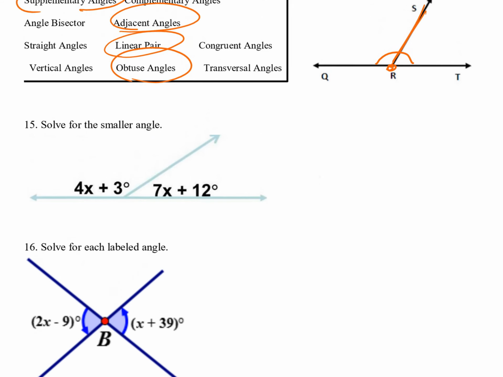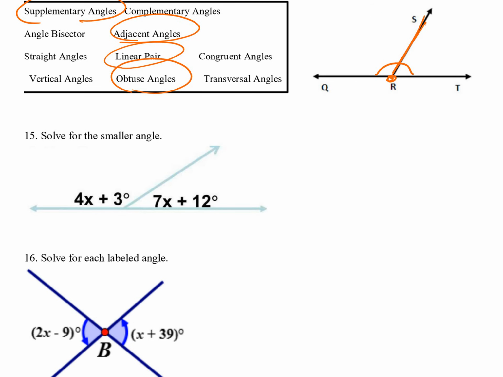All right, this one, solve for the smaller angle. All we know is that this total is 180. So there's our equation. 4x plus 3 plus 7x plus 12 equals 180. All right, add them up. 11x plus 15 equals 180.